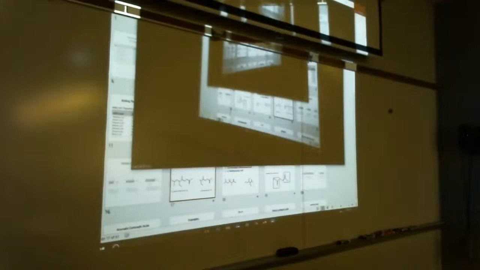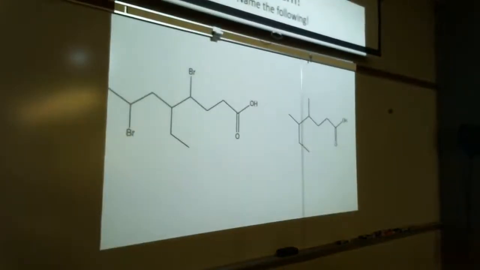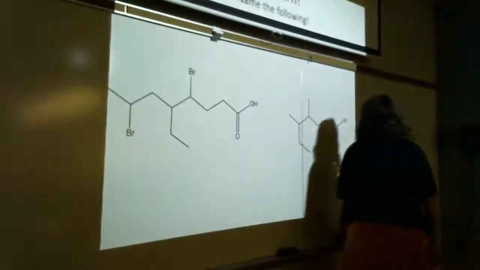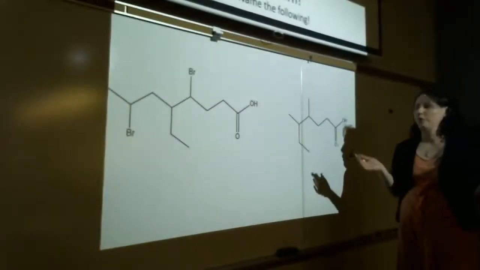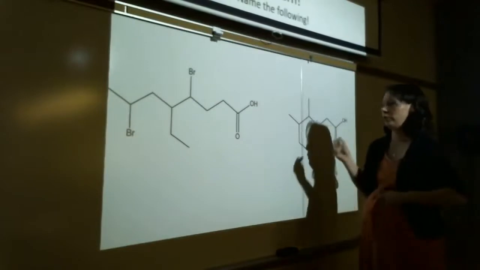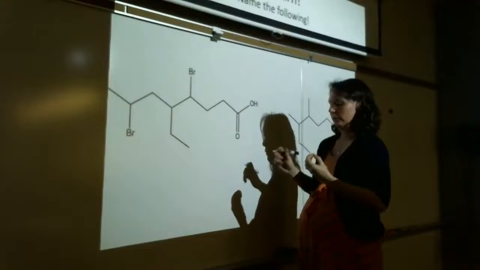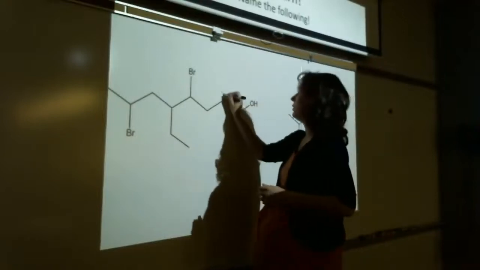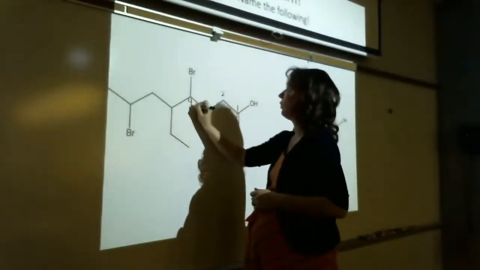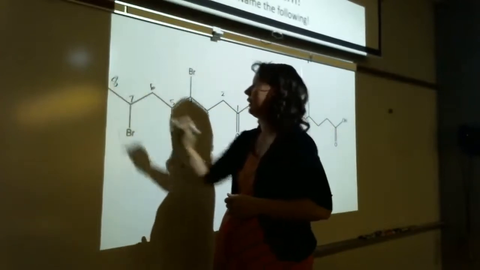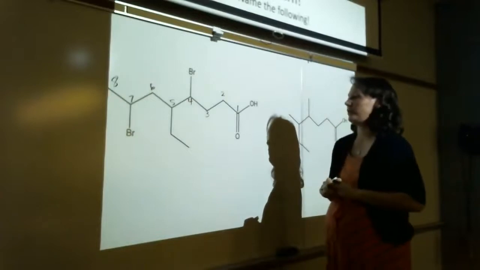All right, let's name these two molecules. Picking carbon number 1 doesn't take a whole lot of effort, because all we need to do is find the carboxyl group. So we're going to name from the left or from the right? From the right. So 1, 2, 3, 4, 5, 6, 7, 8. And what are our substituents?